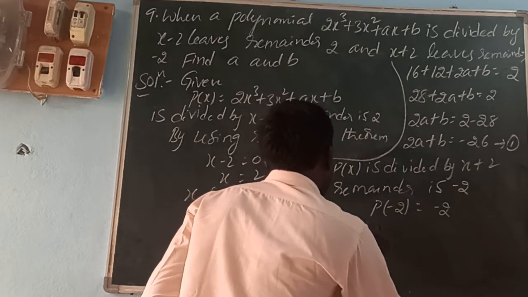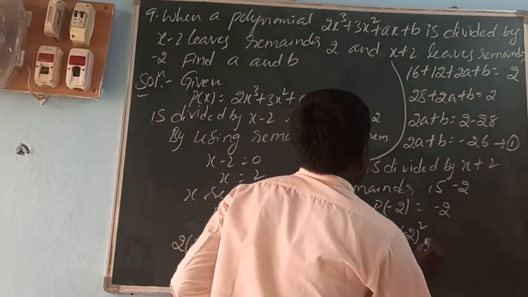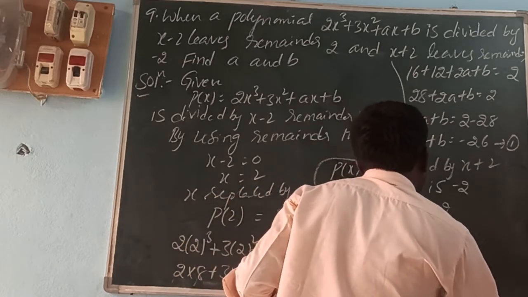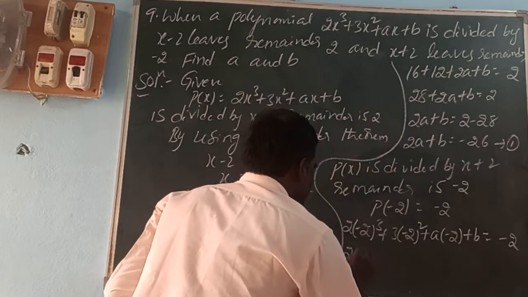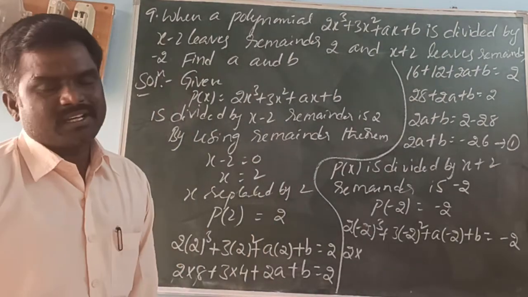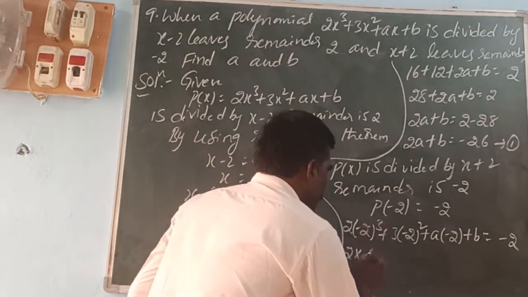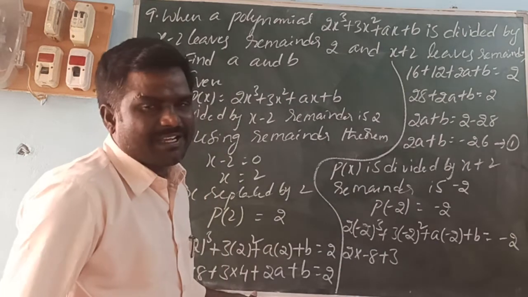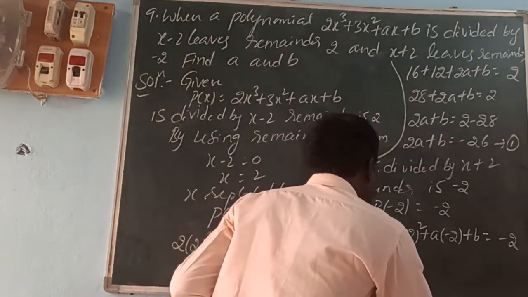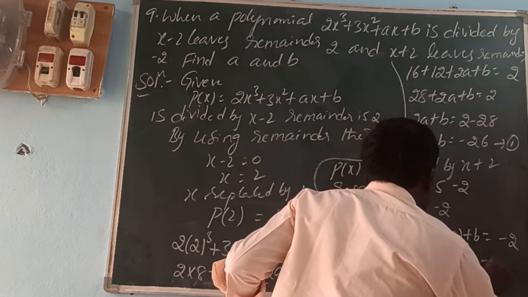So that is here 2 into minus 2 cube plus 3 into minus 2 whole square plus a into minus 2 plus b is equal to minus 2. So 2 into minus 2 whole cube. A negative integer multiplied an odd number of times becomes negative. So minus 2 whole cube is minus 8; plus 3 into a negative integer multiplied an even number of times becomes positive, 3 into 4, plus minus 2a plus b is equal to minus 2.